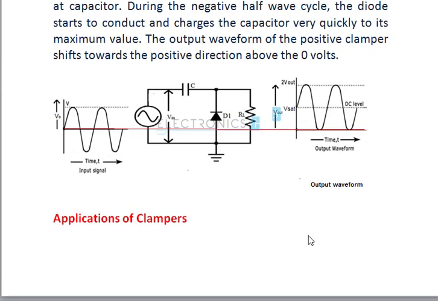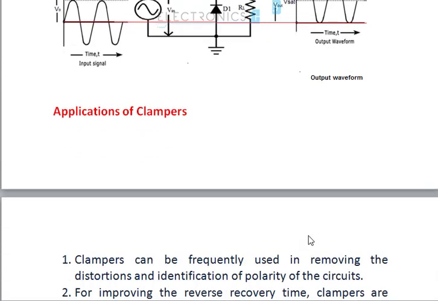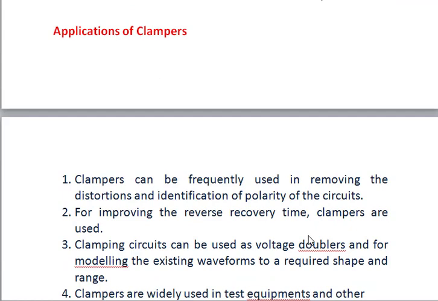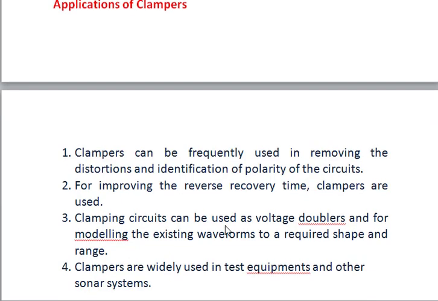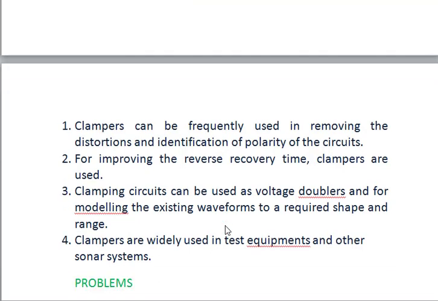So okay, what are the applications of clampers? Clampers are frequently used to remove the distortions and noise present in circuits. They are also used to improve reverse recovery times, and in voltage doublers for modifying the existing waveform to the required shape and range.